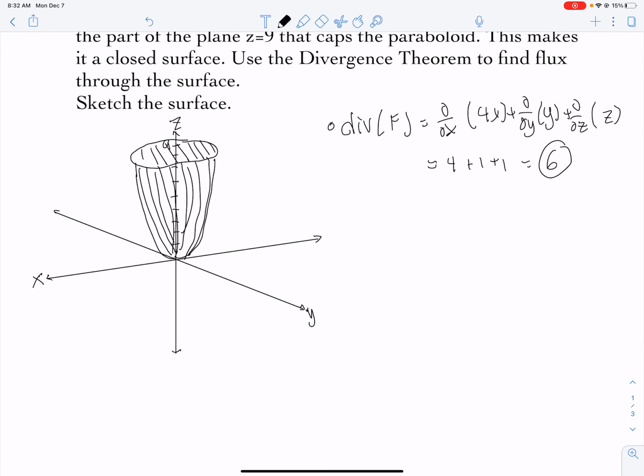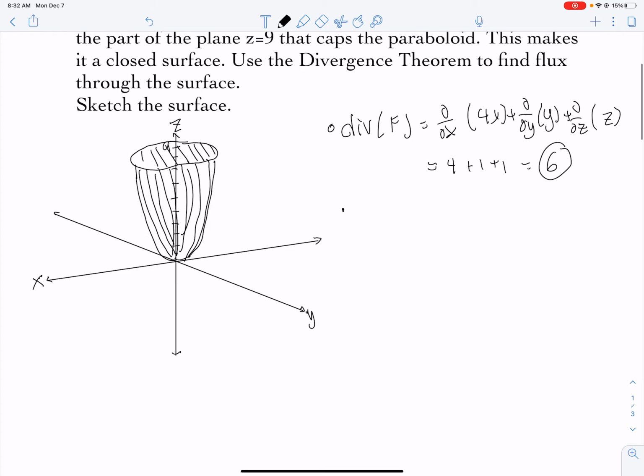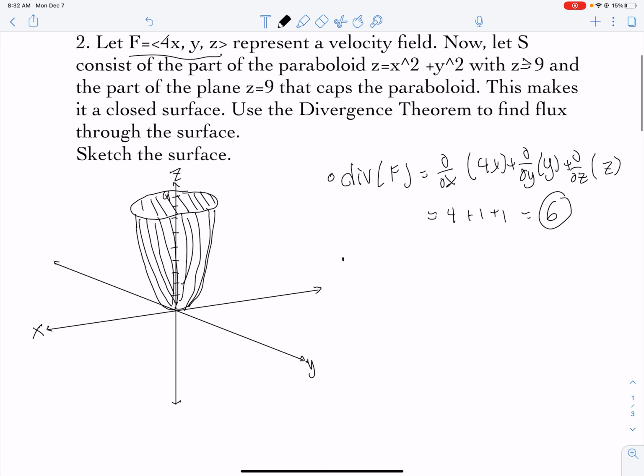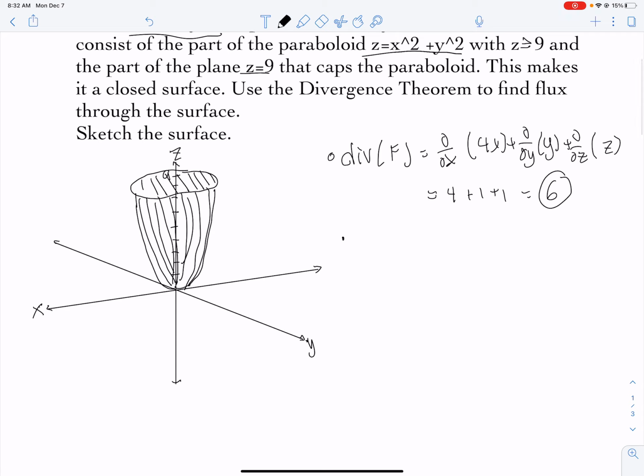So we now have to find the boundaries over which we're integrating. And we can find that by setting our two z functions equal to each other. That's pretty straightforward. It's going to be 9 equals x squared plus y squared. So if we change this to polar, our radius would be equal to 3.